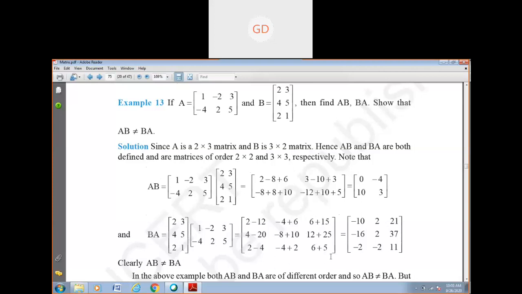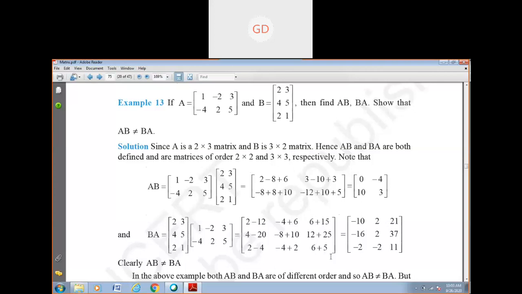Similarly, if you multiply by the second row, you will have the second row of the result in the resultant matrix, that means on the right hand side. So second row into first column, second row into second column, second row into third column. Now the second row is completed. Similarly, third row into first column, third row into second column, third row into third column. Third row completed. So that's all.